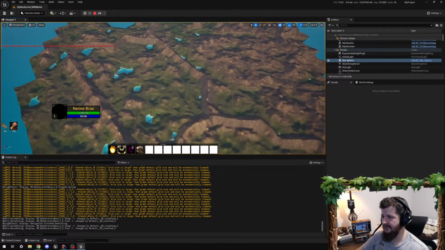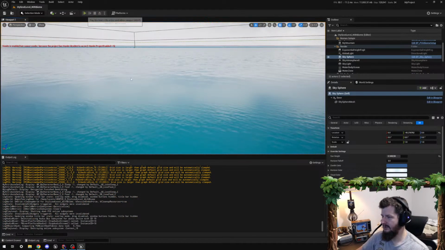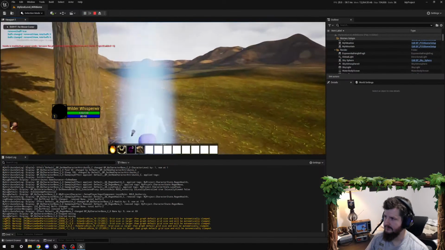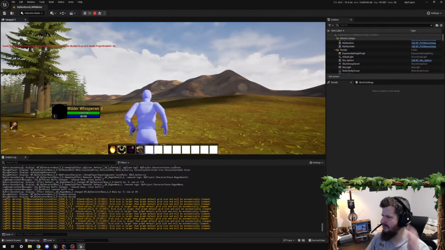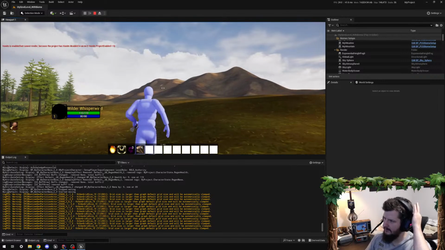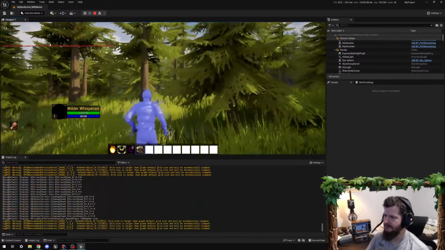I think this is it. So rather than this might be it. I guess I did need to check the ordinal directions. Let's run around a little bit. I see some breaks over there. I think that might just be because there's different LODs.